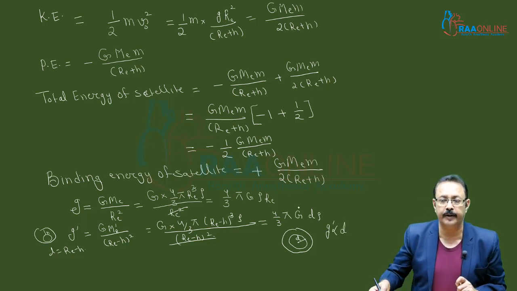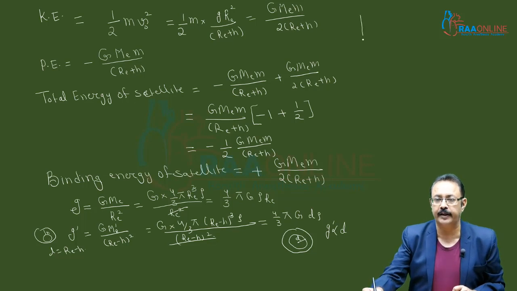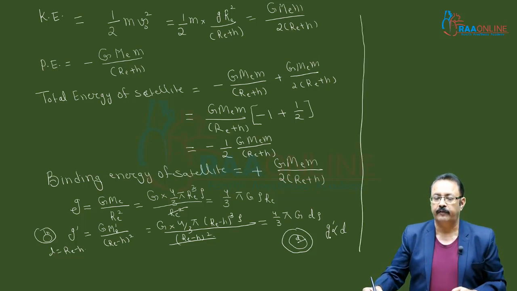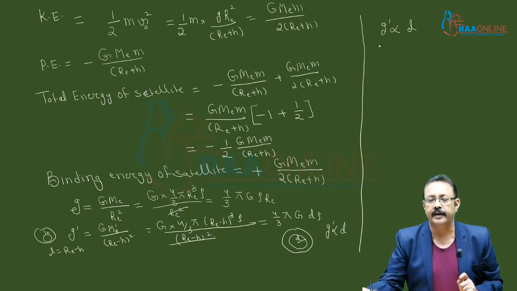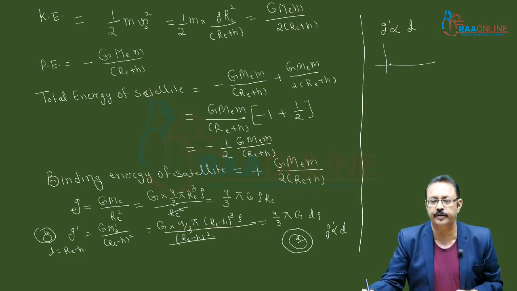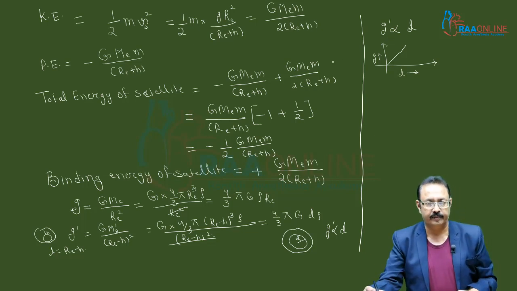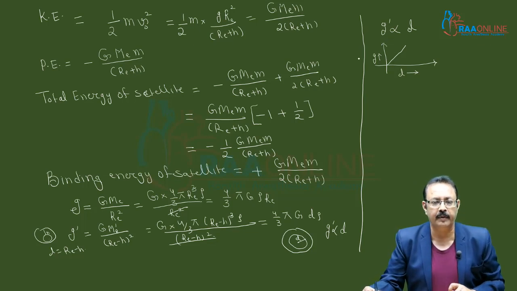So when you are moving inside the earth's surface, the value of g is directly proportional to your distance from the earth's center. And we know that the graph of this type of relation should be a straight line passing through origin. It means graph should be this. If I am taking value of g on y-axis and distance on x-axis, so it is the graph. Are you getting my point?